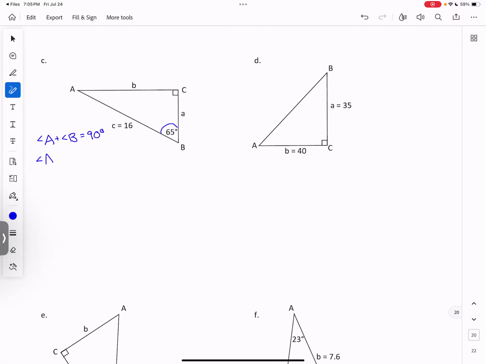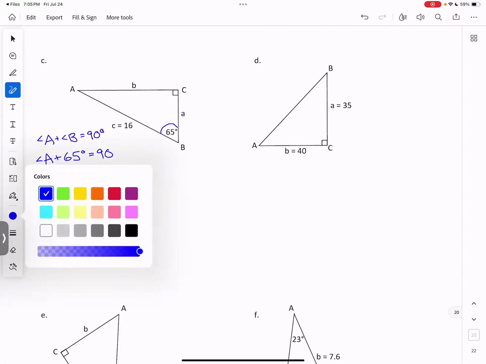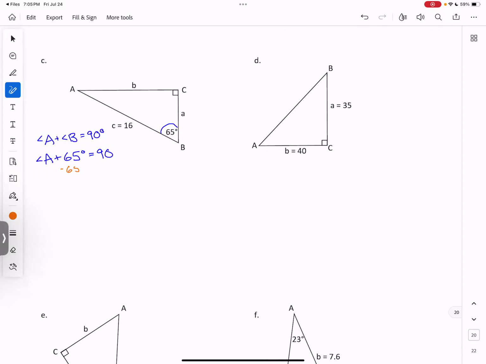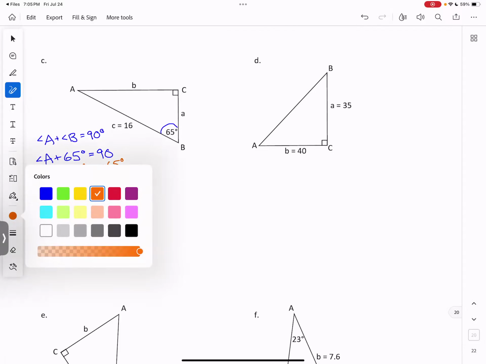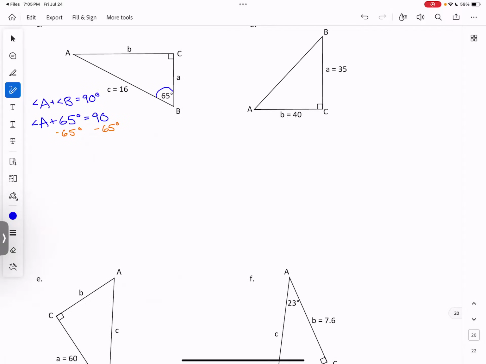We know angle B is 65 degrees, so if we subtract 65 from both sides, we get angle A has to be 90 minus 65, which gives us 25, I think. Is that right? Yes, 25 degrees.